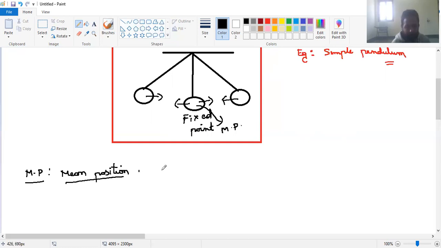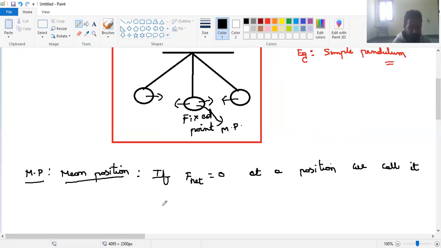If F net, that means the net force, is equal to 0 at a particular position, we call it the mean position.